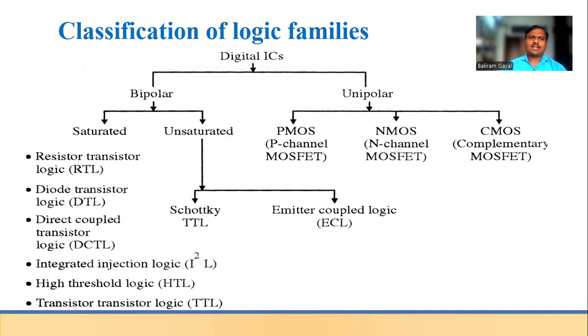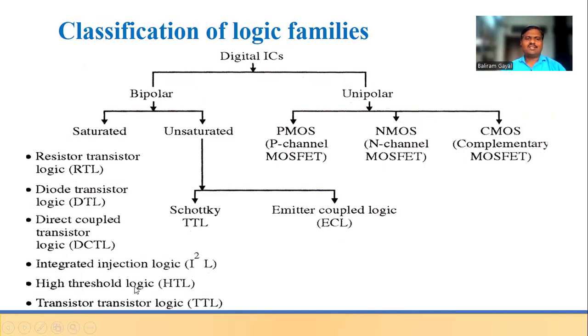Now, this bipolar saturated has types: resistor transistor logic, that is RTL, diode transistor logic, that is DTL, then direct coupled transistor logic, that is DCTL, then integrated injection logic, that is I2L, and high threshold logic, HTL, and transistor transistor logic.